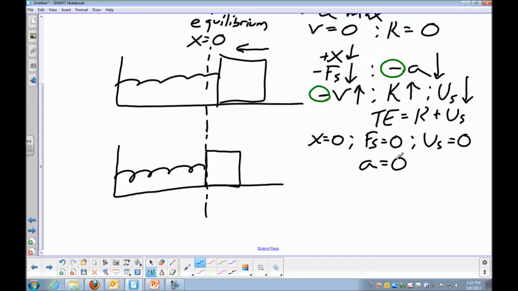And what I'm experiencing at this point is maximum velocity to the right, or a negative maximum velocity, which means my kinetic energy is a max. If potential is 0, kinetic energy is a max, my total energy is all kinetic energy.